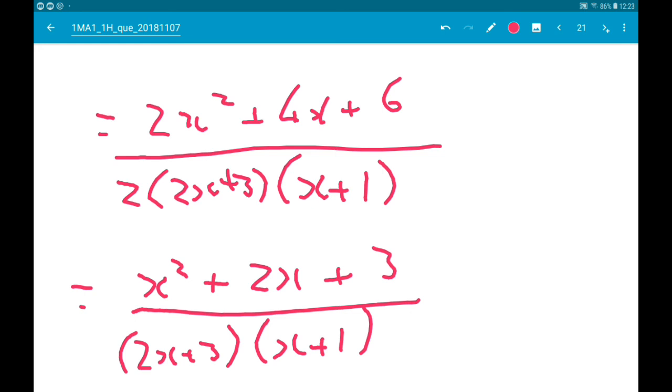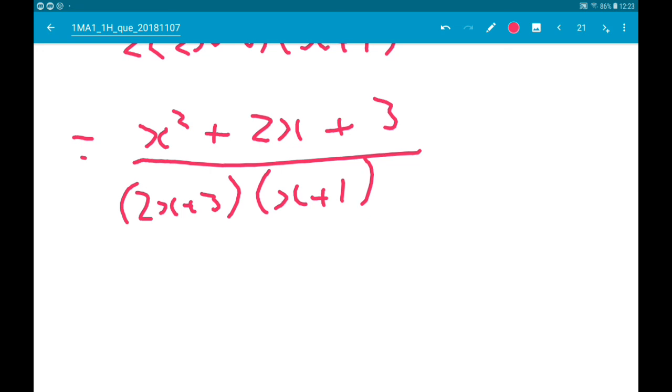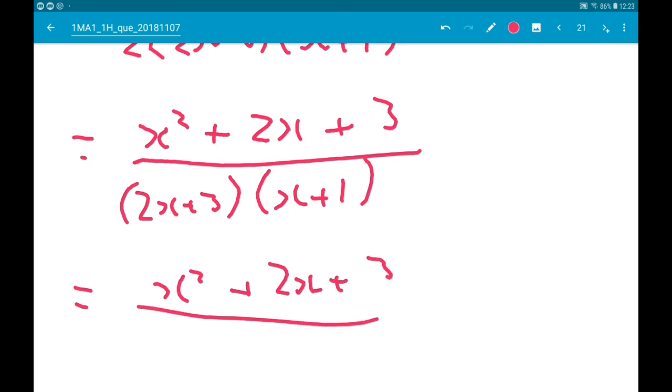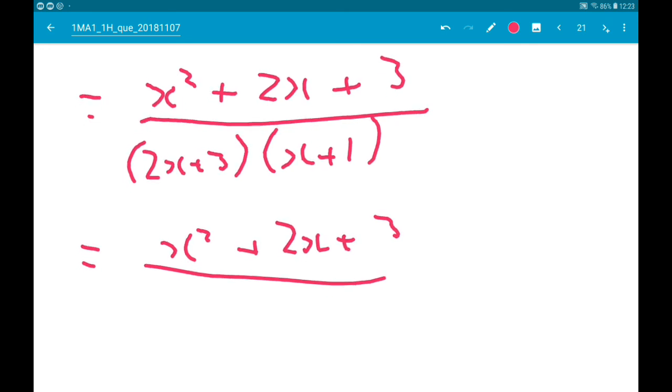Okay, so let's expand the bottom. So we have x squared add 2x add 3 all over 2x squared, and then we're going to get 3x add 2x, so that's 5x.